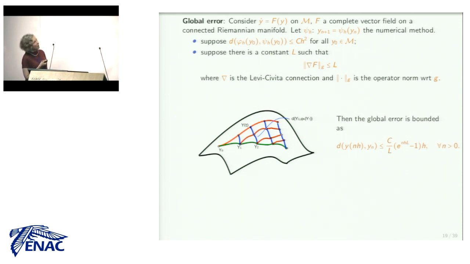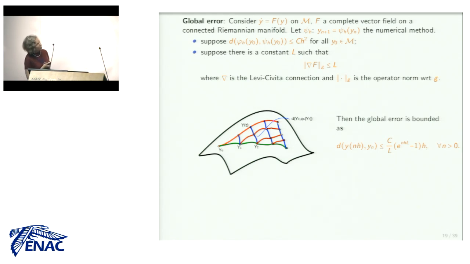We express it in terms of the Riemannian metric. We want the covariant derivative of the vector field to be bounded by some constant L, which is some sort of Lipschitz condition. And here, this is the Levi-Civita connection.